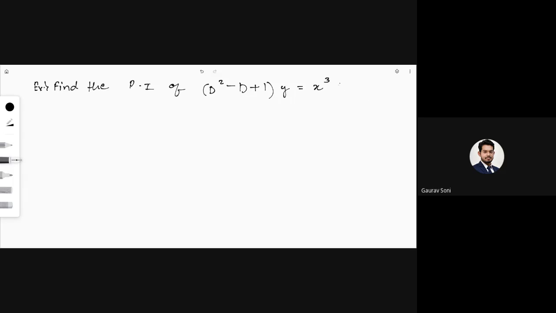Who will try this? You just have to find particular, so yp is equal to 1 upon D square minus D plus 1 acting on x cube. Do it and find out the final answer.